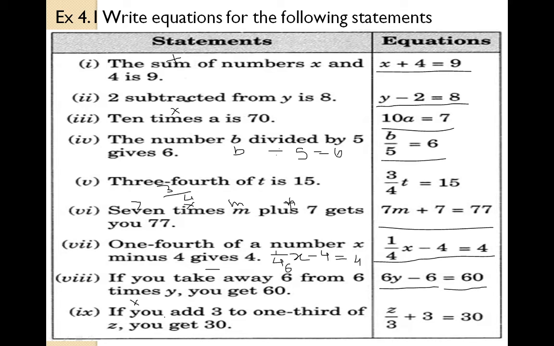And the last one, if you add 3 to the 1/3 of z, add means we have addition, 3 to 1/3, that means 1 upon 3 of z, that means 1 upon 3 into z. So you can write z ones are z, so z upon 3 plus 3 is equal to 30. Like that you can form equation.